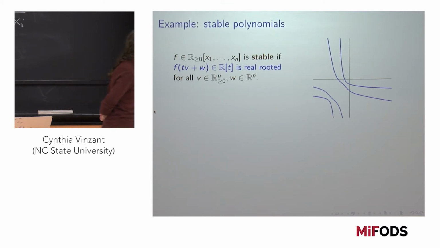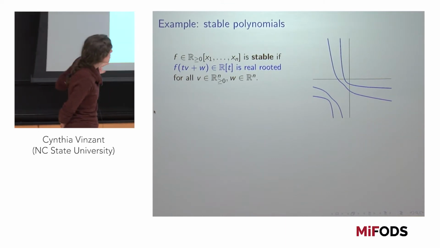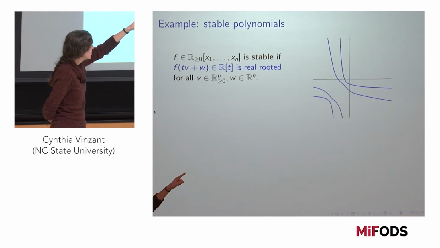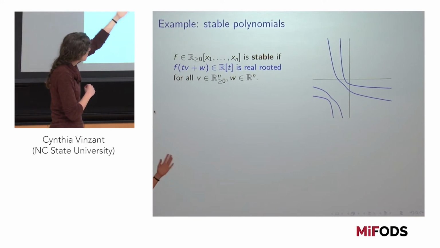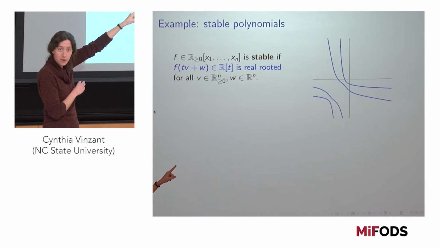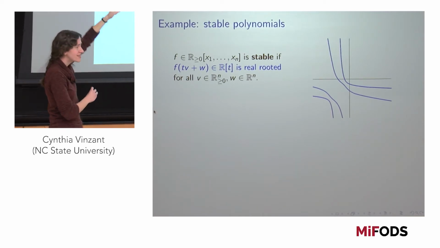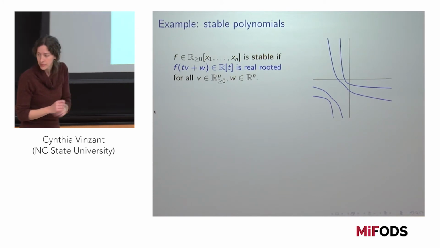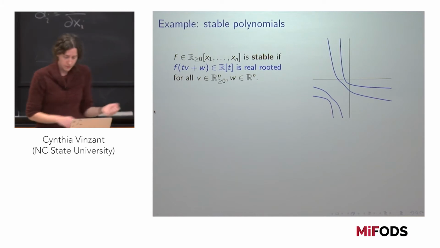So you imagine in this picture, if I restrict to any line pointing in the direction of the non-negative orthant, then I've drawn the zero set of a stable polynomial. I'm going to find 4 real roots, regardless of how I wiggle my line around.